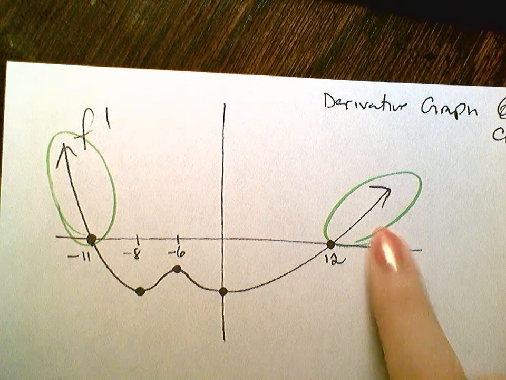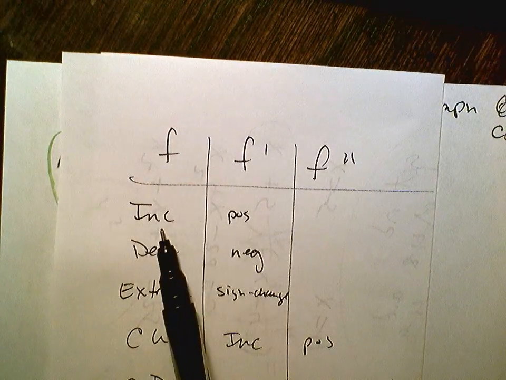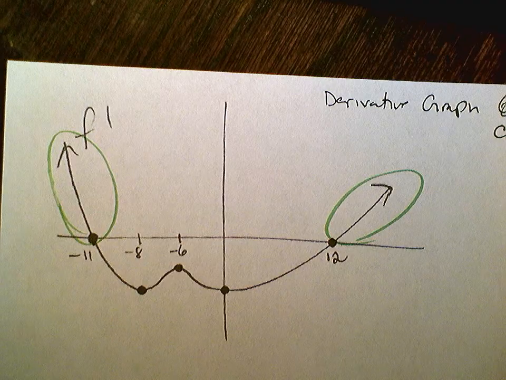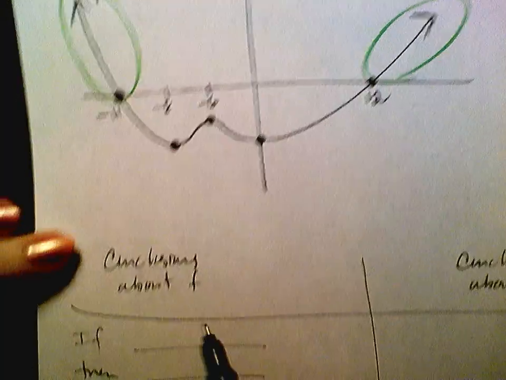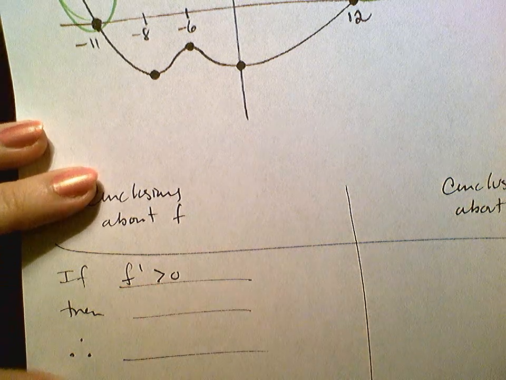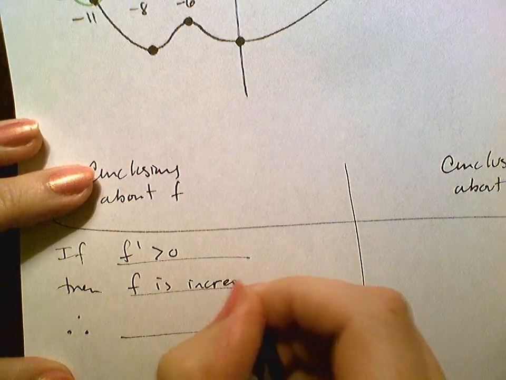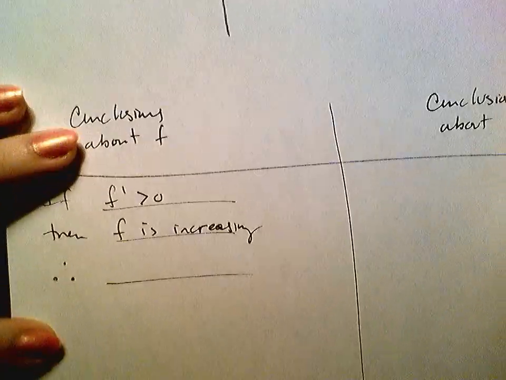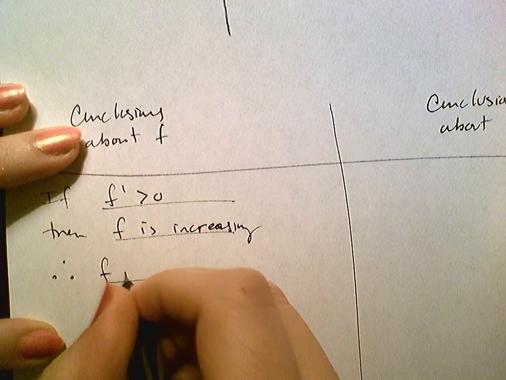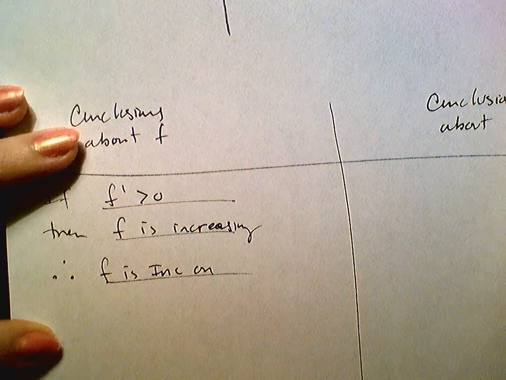And if f prime is positive, then what can we conclude about f? That it's increasing. So I'm going to say if f prime is greater than 0, then f is increasing. Therefore, f is increasing on what interval?